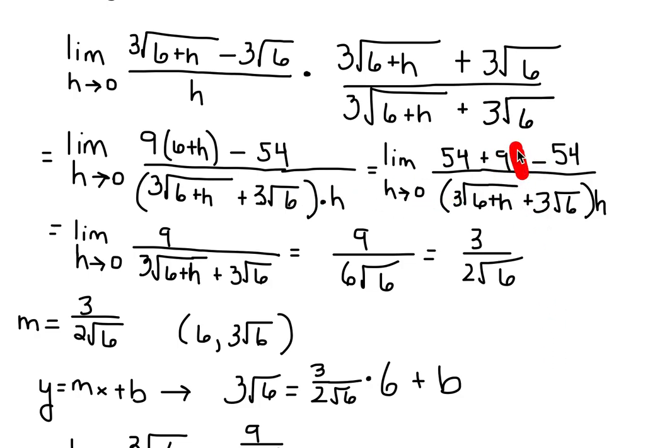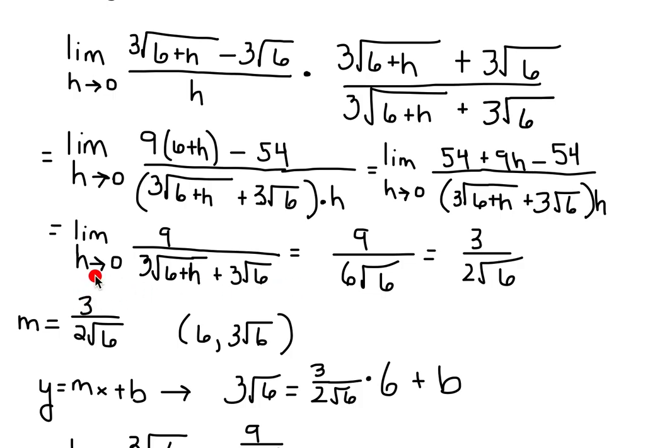Now, this h and this h will drop out. h over h is 1. So I'm just left with 9 in the numerator. Because the 54 and this 54 drop out, I'm left with 9h on the top, and then this times h in the denominator. So my h's will cancel. That leaves me with 9 in the numerator, and my h in the denominator drops out.